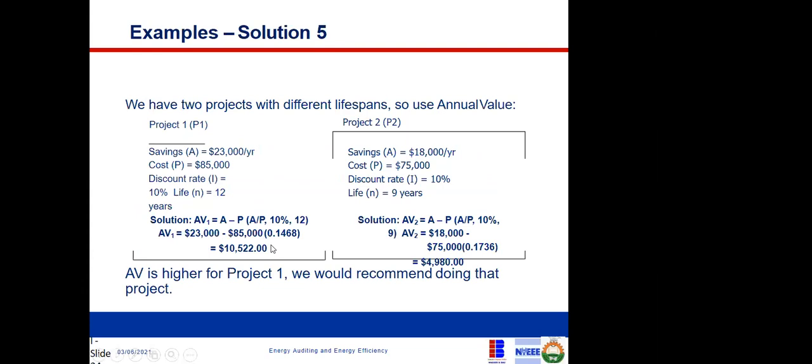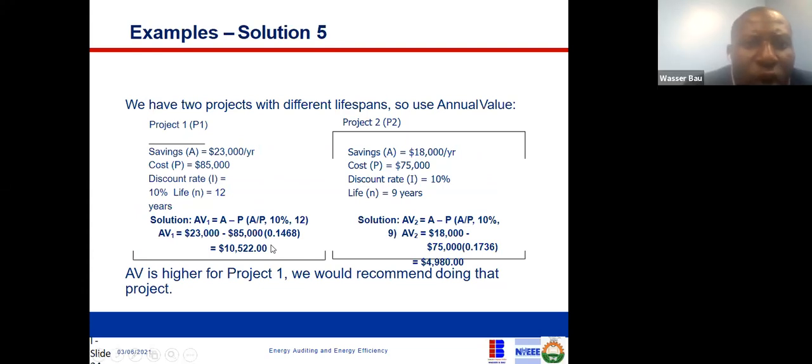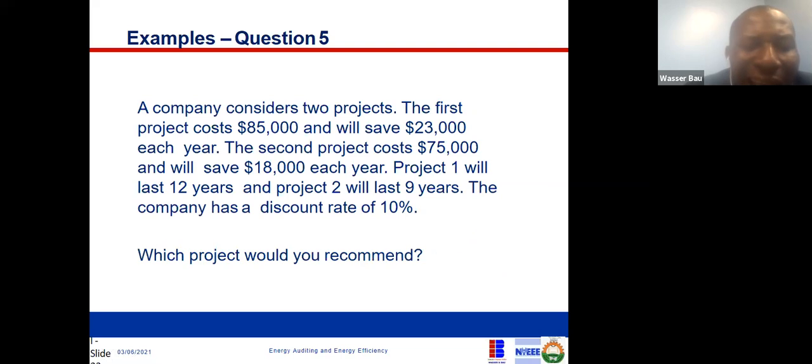So we need to do the calculation. The method we use for this one will be the annual worth per year, just like Chima said. That will be the most appropriate, because the two projects have different lifespans. A project that will last for 12 years and a project that will last for 9 years, if you bring them to the same present value, there will be a kind of small error.